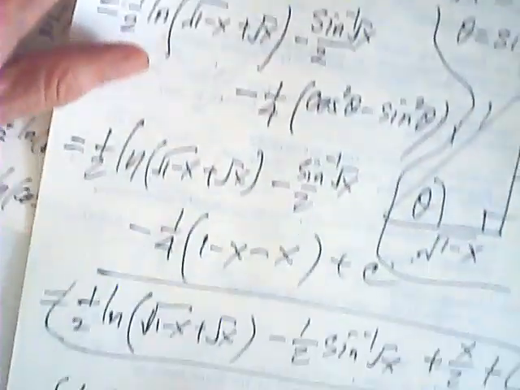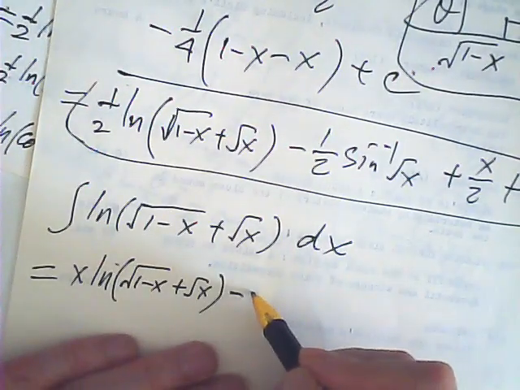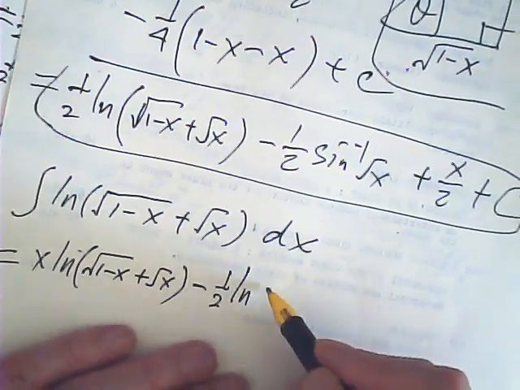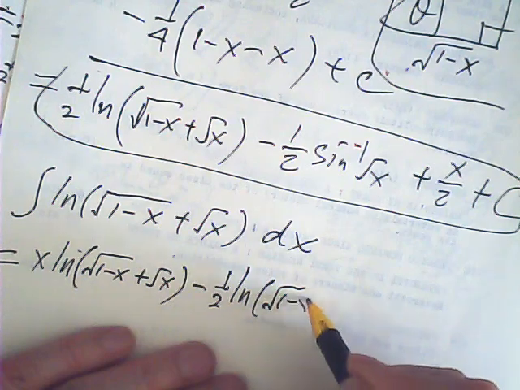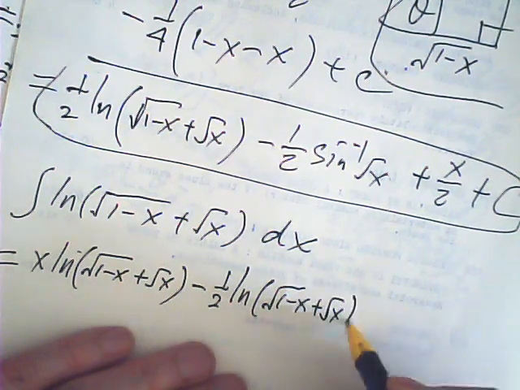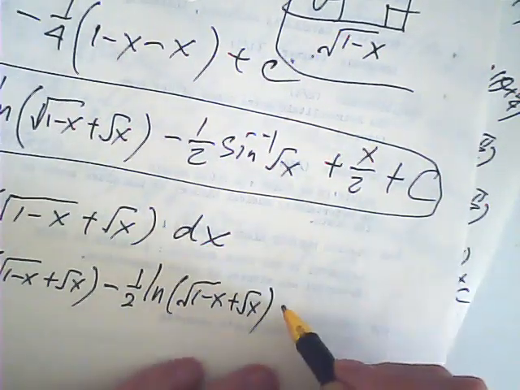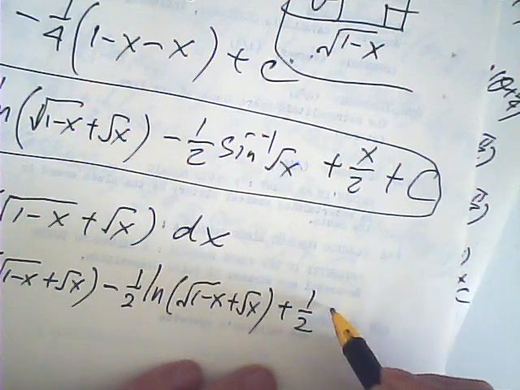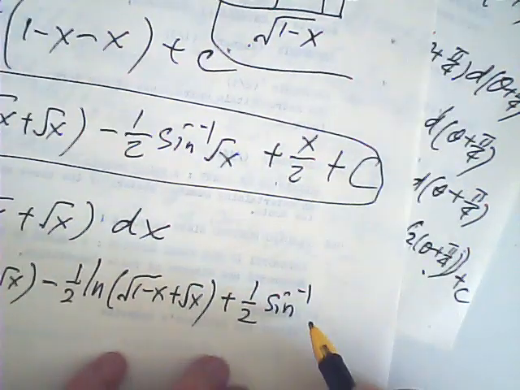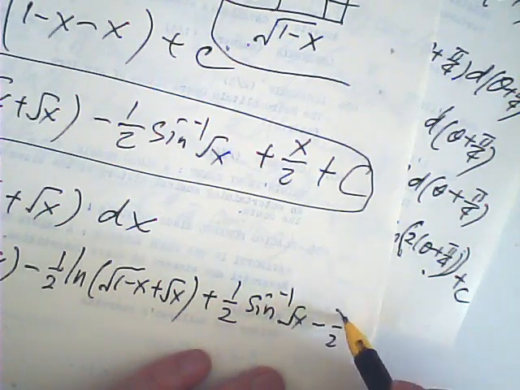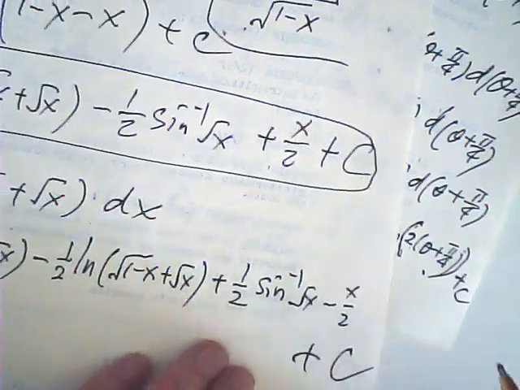See? So minus 1/2 natural log plus root x. Change the sign, right? Because minus plus 1/2 arc sine x minus half x plus c.